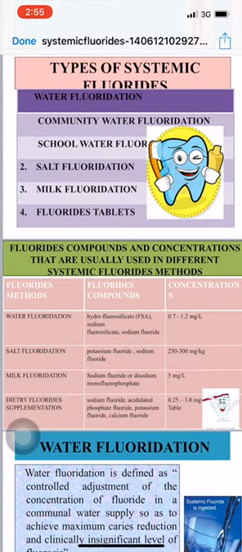Fluoride compounds and concentrations that are usually used in dentistry for systemic fluoride methods. Now in this table we can see the fluoride method, the fluoride compound and the concentration.